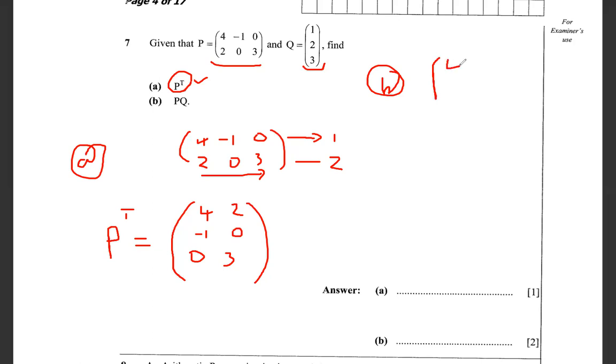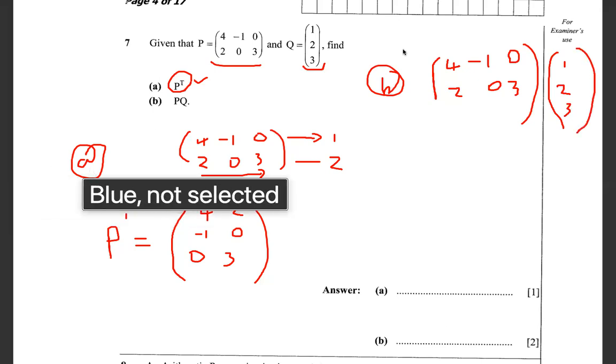P, we have a 4, -1, 0, we have a 2 here, a 0, and a 3. This is multiplying matrix Q, which is 1, 2, and 3. Again, here we need to understand that multiplication of matrices is done row by column. So we'll be multiplying this way with a vertical way.